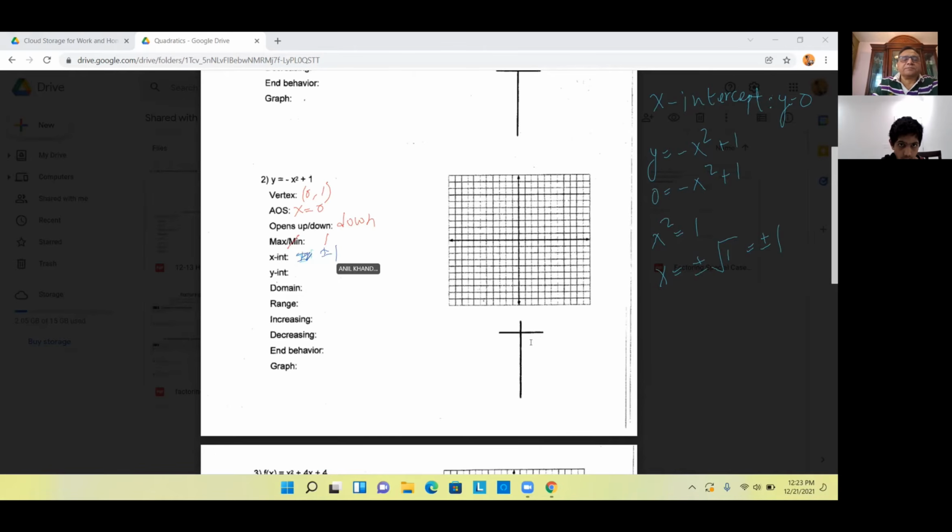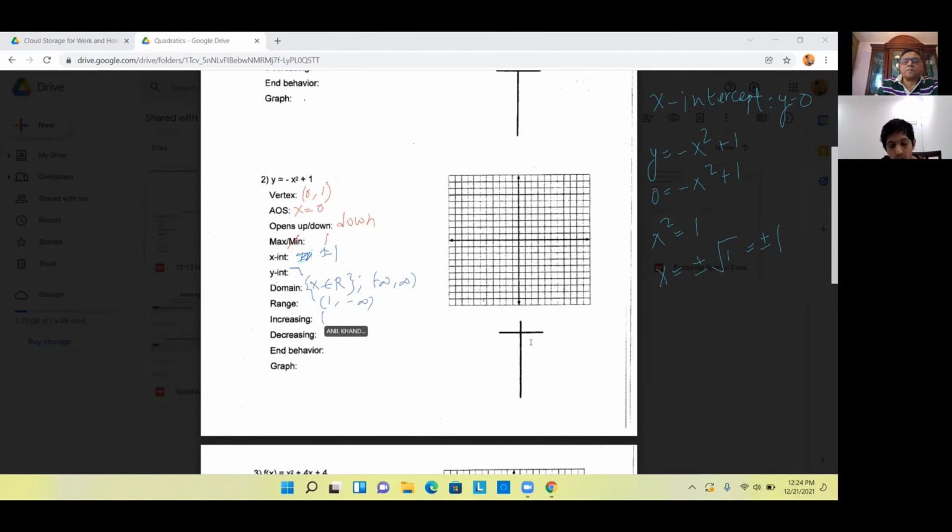Perfect. Y-intercept: 1. Domain: negative infinity to infinity. Correct. Range: negative infinity to 1. Correct. Increasing interval and decreasing interval.